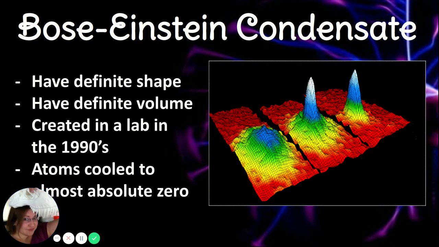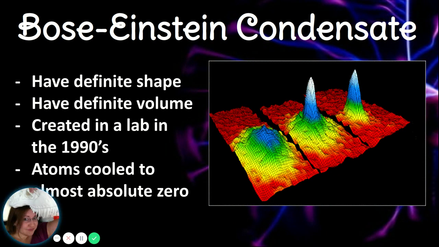Bose-Einstein condensates, BEC, have a definite shape, they have a definite volume. They were predicted to exist based on some research with Bose statistics that were developed by Satyendra Bose and confirmed by Einstein. And this was synthetically created in a laboratory in the 1990s.